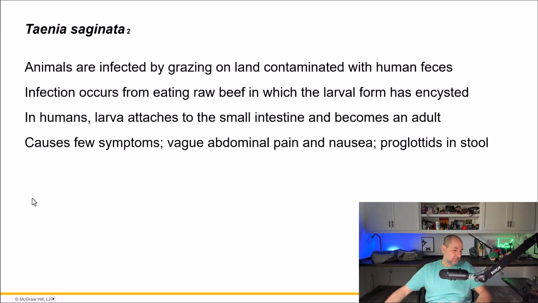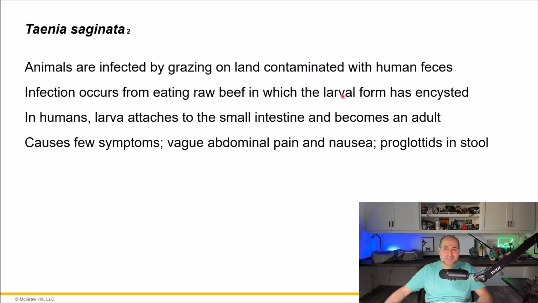Again, Taenia saginata, this is the beef tapeworm. Animals get infected when they're grazing. So let's say the cattle graze on the plant matter. If that plant matter is contaminated by human feces, remember the eggs are released by the human in the feces. People are then infected by eating raw beef because that beef contains the cysts, the larval cysts.